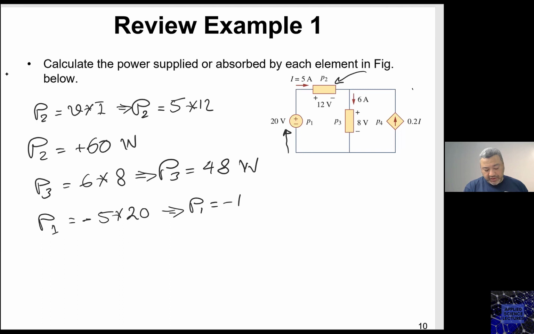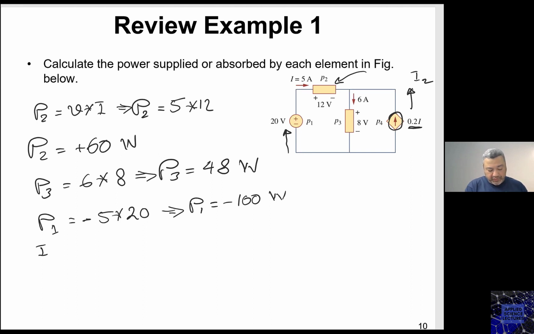P1 is minus 100 watts. Now, if you recall, this is the current controlled current source. So the current in this case, we can calculate. It is 0.2 of that current I. Let me call this one I2.